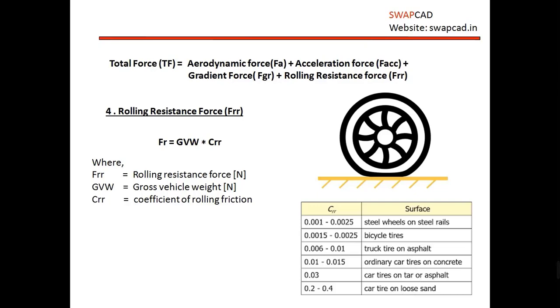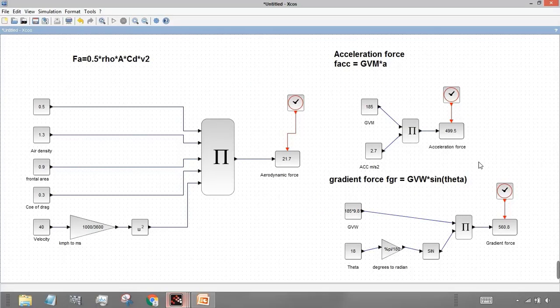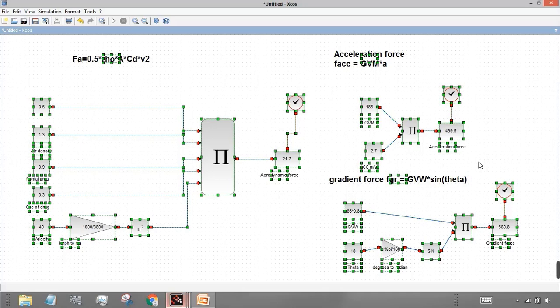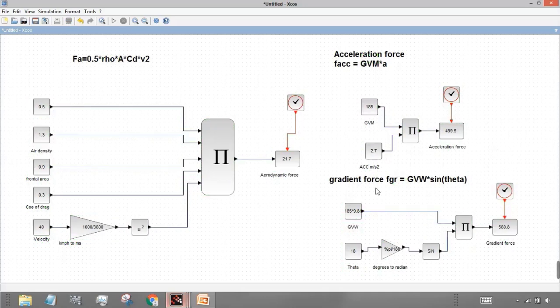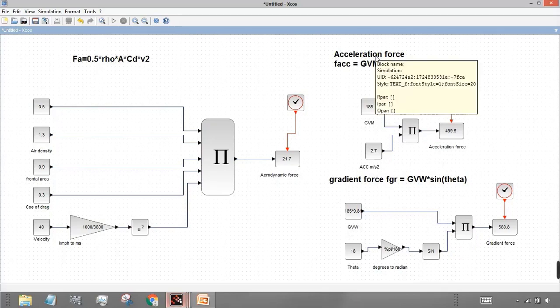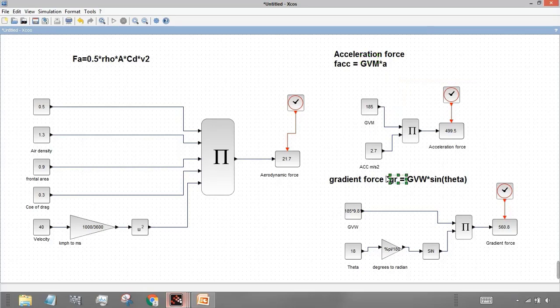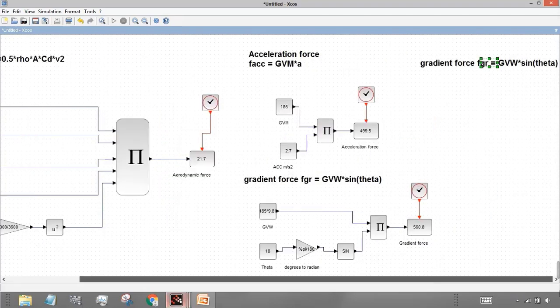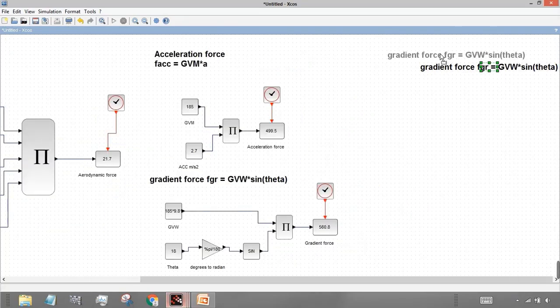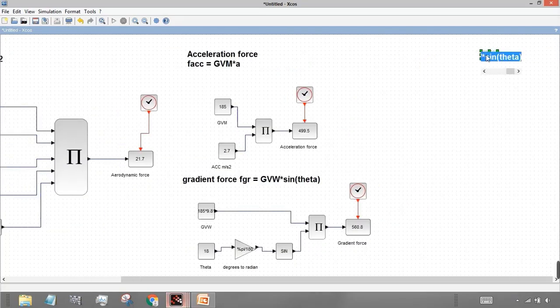So we will see how to do the rolling resistance force. I'll just select Control K and optimize the input. The next is your rolling resistance force. So I'll just select this control and paste it on the right hand side. I'll move it up further. We'll just delete this, and edit this one.